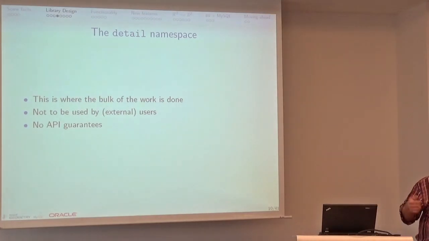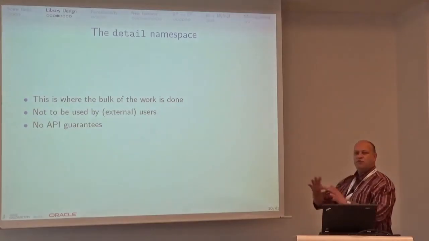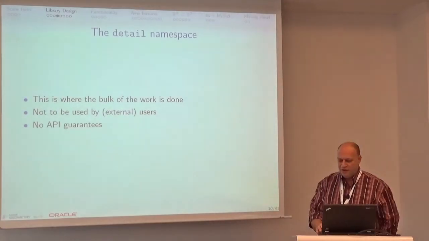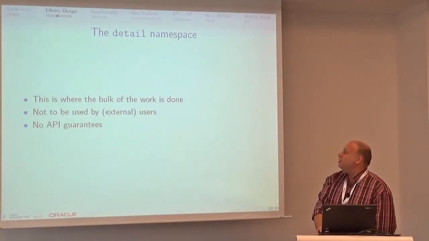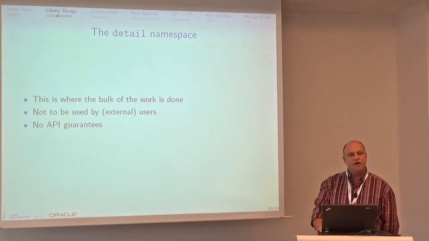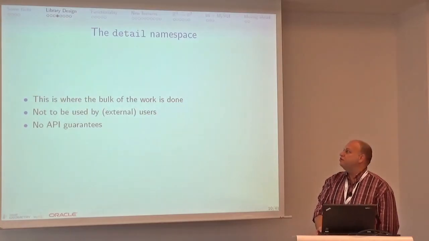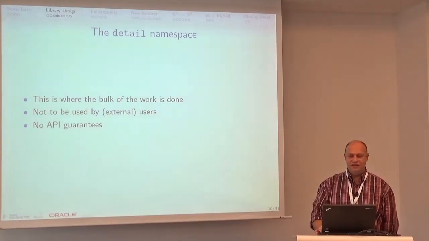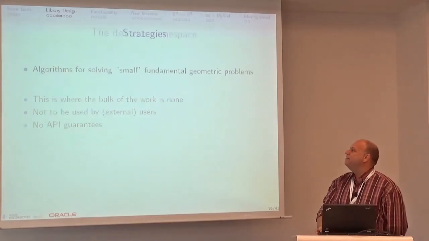We want to improve our algorithms and make them faster and faster and faster. So this is our own place where we are allowed to modify things without letting you know. So you can look at the detailed namespace, look at how things are happening there, but please do not use it. Unless you want to contribute to it, in which case you want to really look at it and change it and submit your patches.